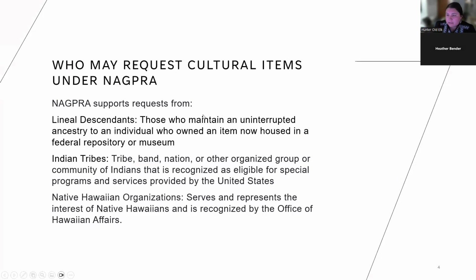So when we are considering how NAGPRA applies and who it applies to, we have to really take a critical look at the way that NAGPRA recognizes specific communities. NAGPRA is a law that is used in government-to-government interactions.